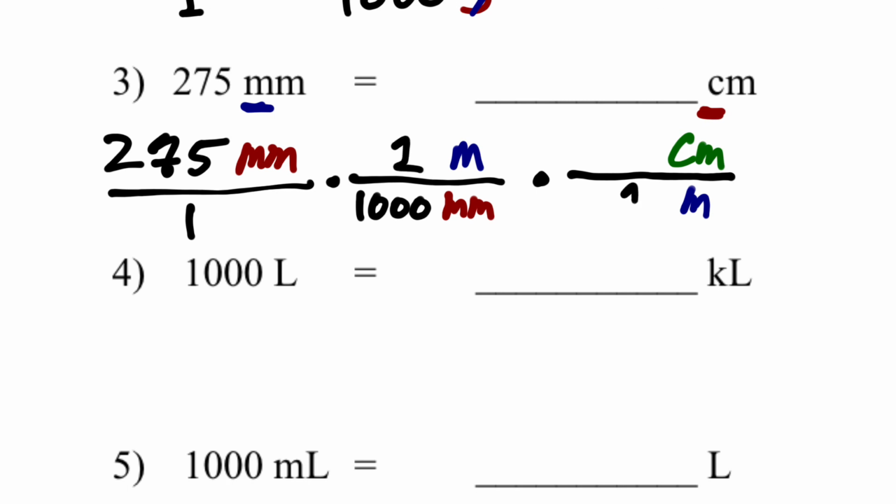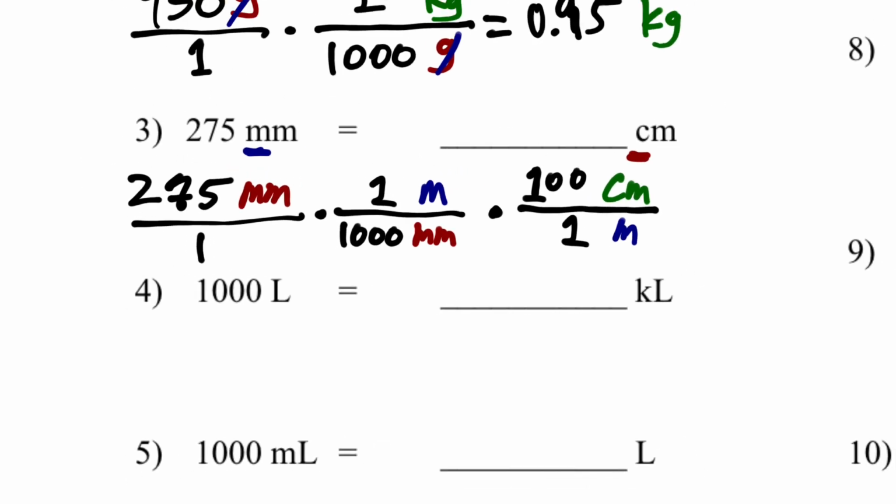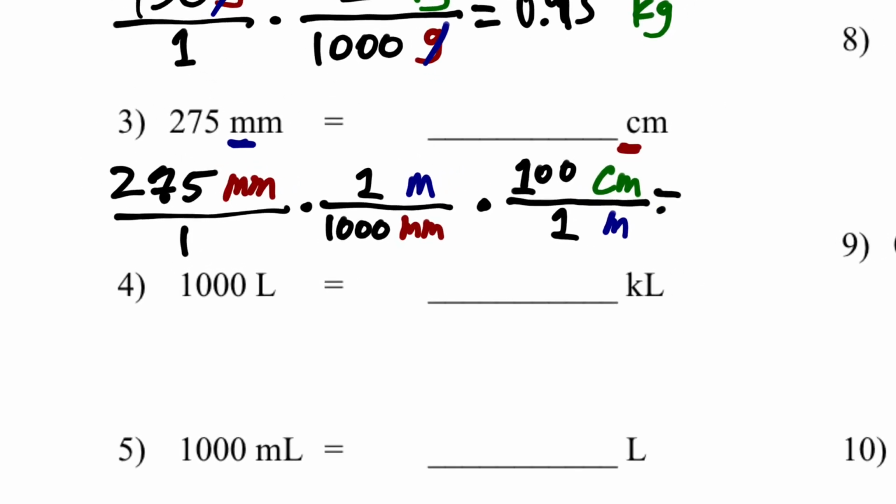And then 1 meter to centi is 100. So that would be the total combination: 275 divided by 1,000 times 100, which should give you roughly 27.5 centimeter. That should be the end result.